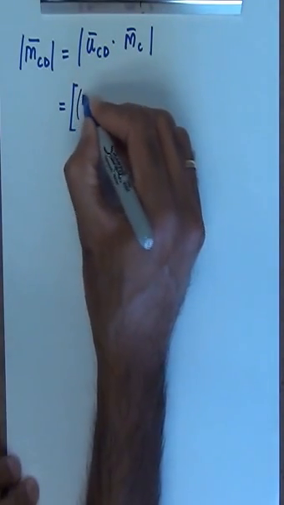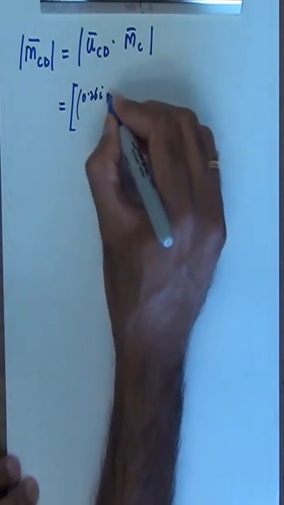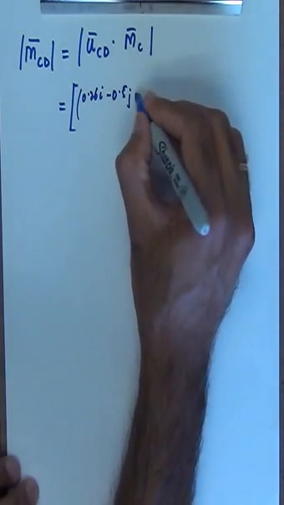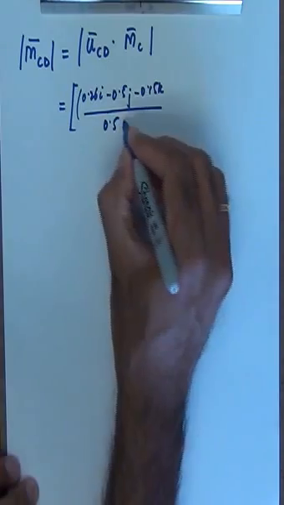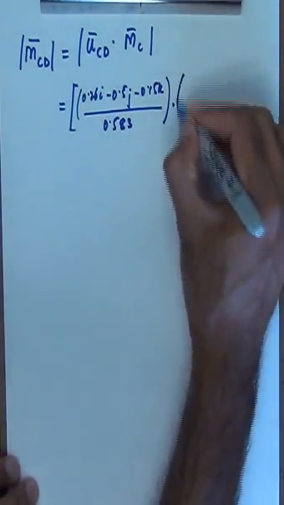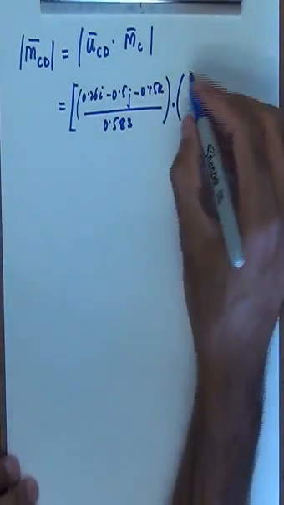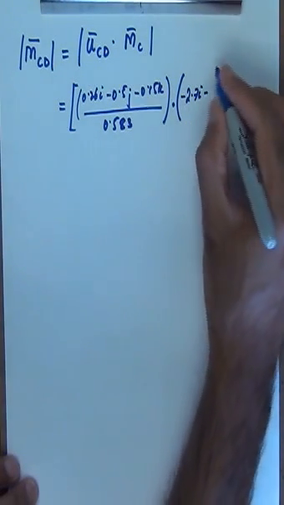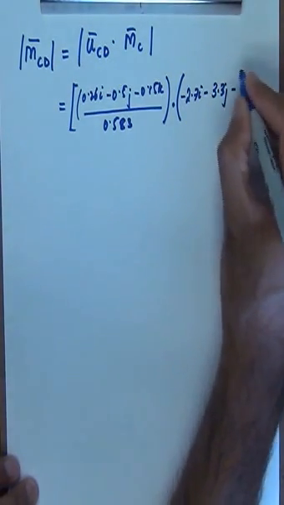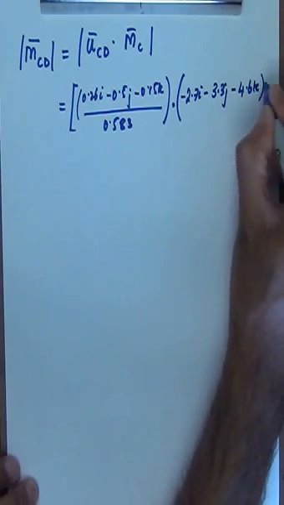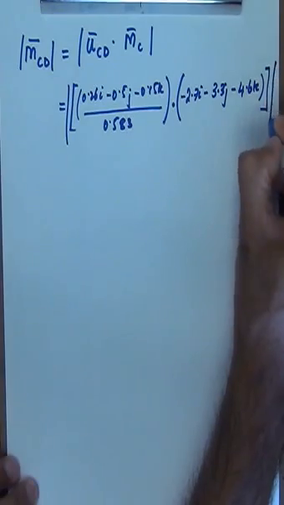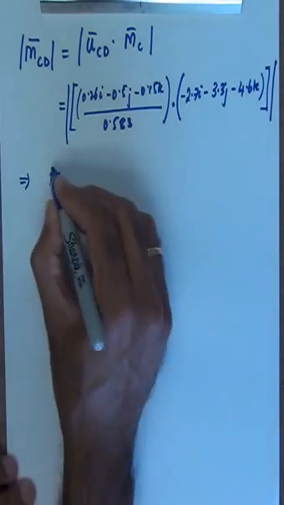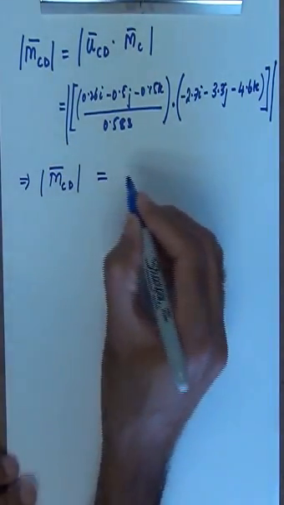So this is going to be 0.26i minus 0.5j minus 0.15k divided by the square root of the sum of these squares, dotted with the moment that we found out, which was minus 2.7i minus 3.3j minus 4.6k. And we're looking for the magnitude of this one without considering any of the signs, and then if you do the dot product, this is going to be giving you the following answer.